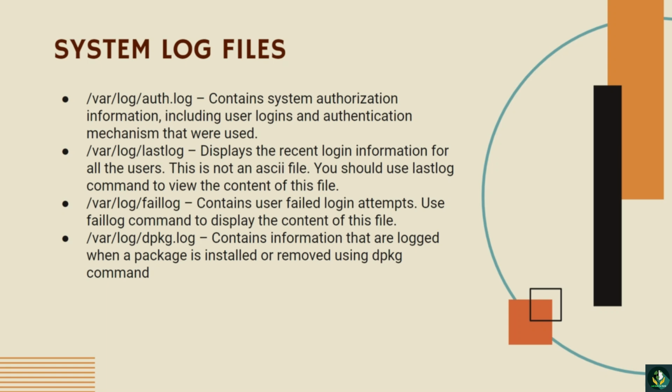Use the faillog command to display the contents of this file. dpkg.log contains information that is logged when a package is installed or removed using the dpkg command. So these are the basic logs which we are going to see in this video. Let's move to the practical demonstration of it.